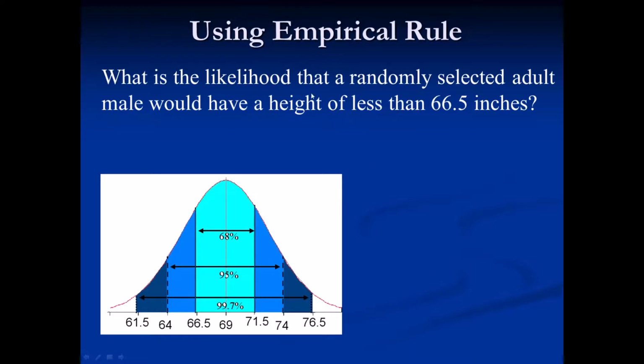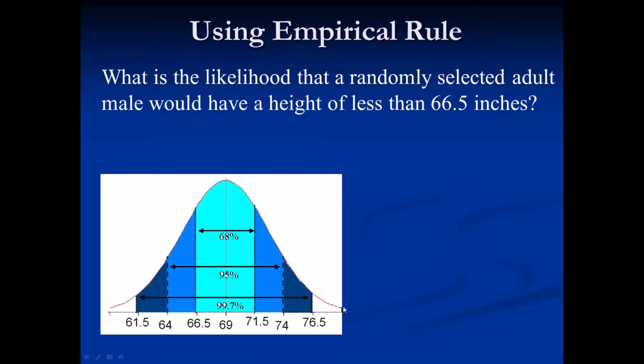What is the likelihood that a randomly selected adult male would have a height of less than 66.5 inches? So that's from here down. Remember that this is asymptotic, so it's never going to end left or right. That's going to be a little tricky. Here's one way to do it.